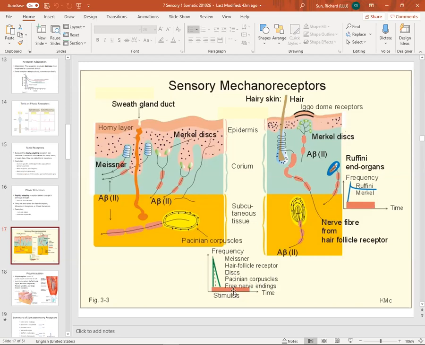And this free nerve ending should not be here. If this is the pain receptor, it won't adapt fast. So you can probably cross out that one.